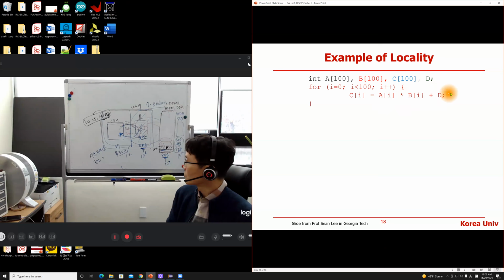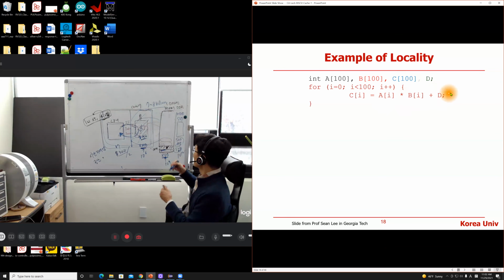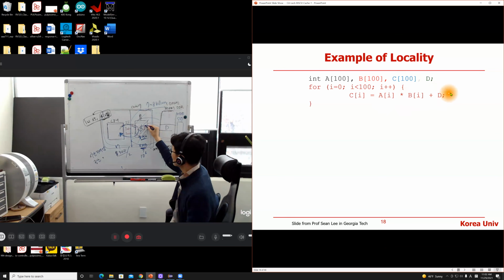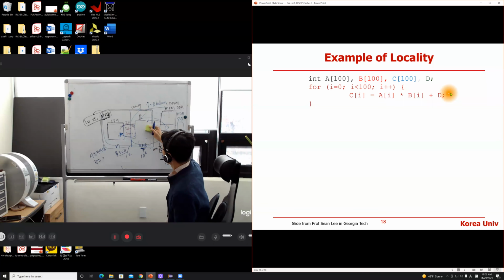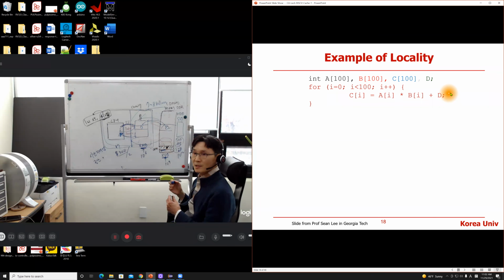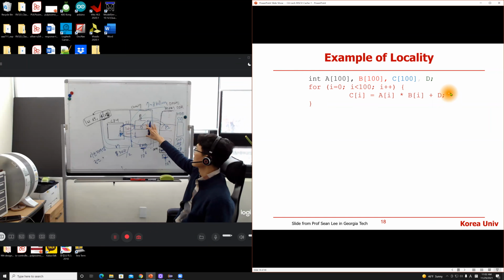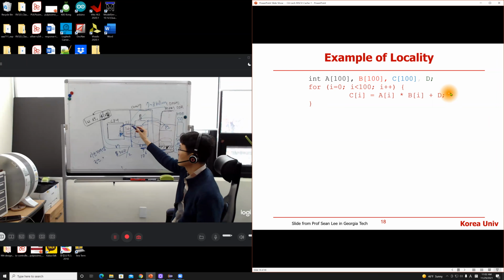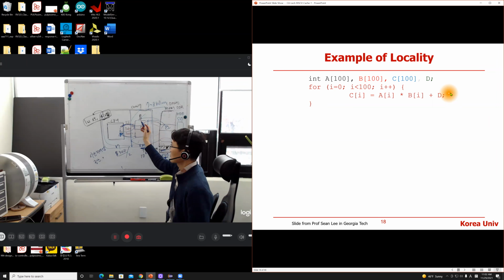If you store that D information here in cache, then next time CPU executes the code, CPU does not have to access main memory. Cache is able to provide that information. First time, cache cannot provide that information, but second time, third time, and the rest, cache can provide that information.